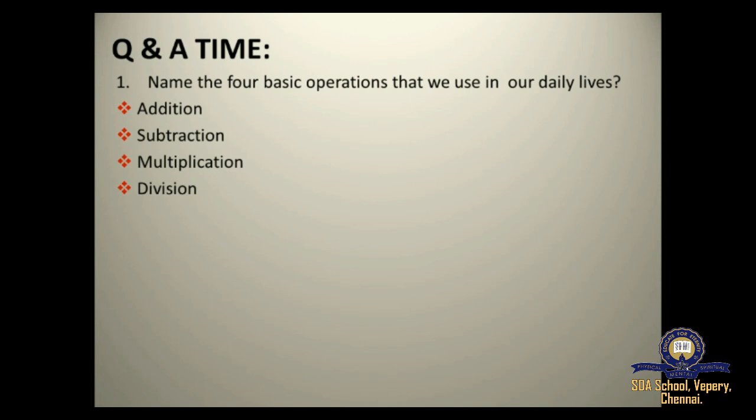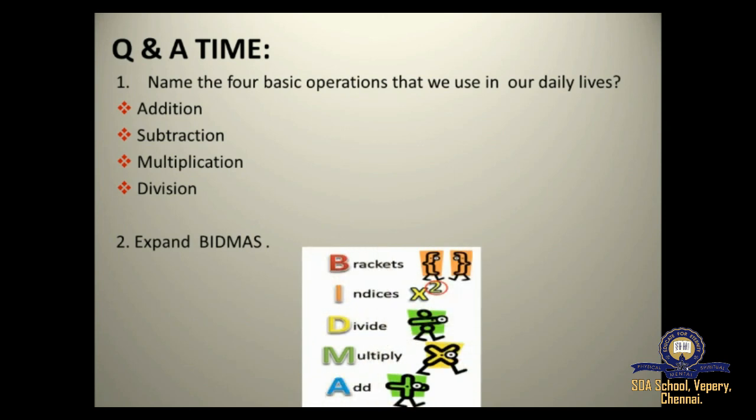So the second question is, expand BIDMAS. So B stands for brackets, I for indices, D for divide, M for multiply, A for add and S for subtract. And the third question is, calculate 5 plus 3 into 6.